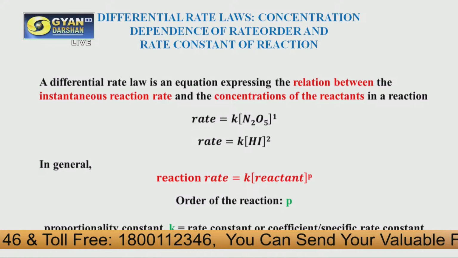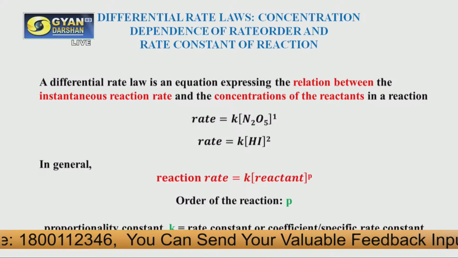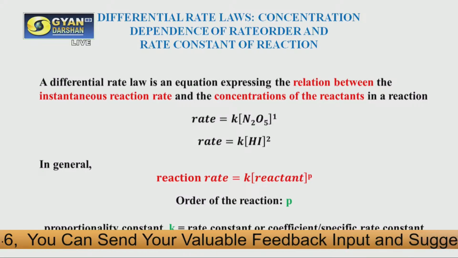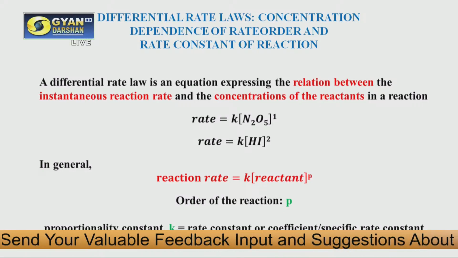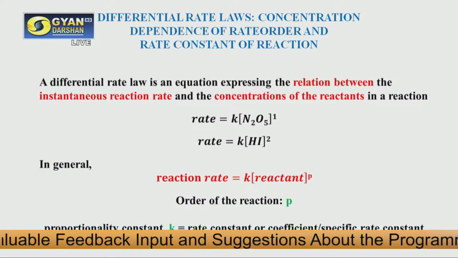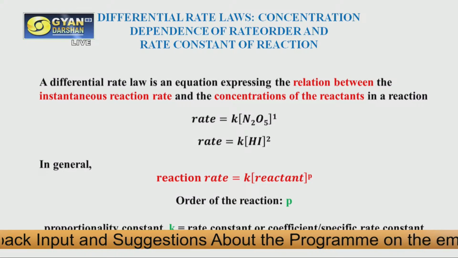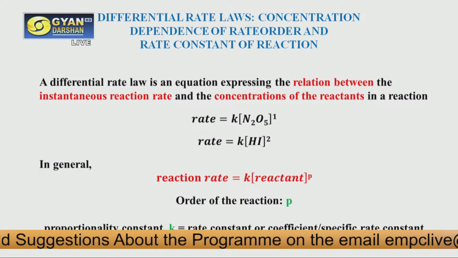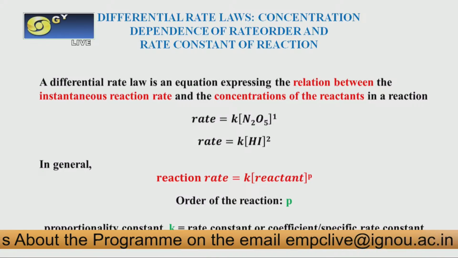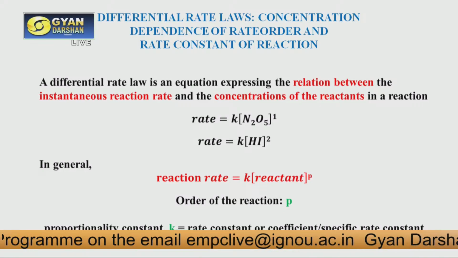It basically gives the relation between the rate and the concentration of the reactant. In general, we can say that rate is equal to some constant into the concentration of reactant to some power, which power we designate as the order of the reaction.